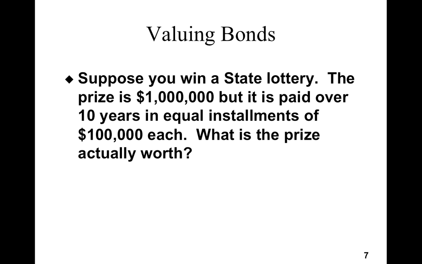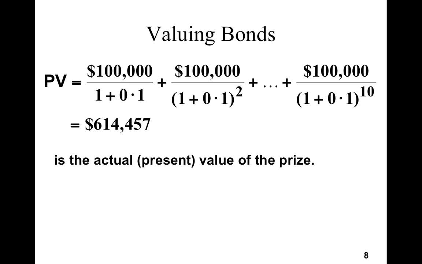So let's look at an actual example. Suppose you win a state lottery. The prize is $1 million, but it is paid over 10 years in equal installments of $100,000 each. What is the prize actually worth? So we basically do the same logic. We calculate the present value. The only thing is that the income stream here is for the 10 years.